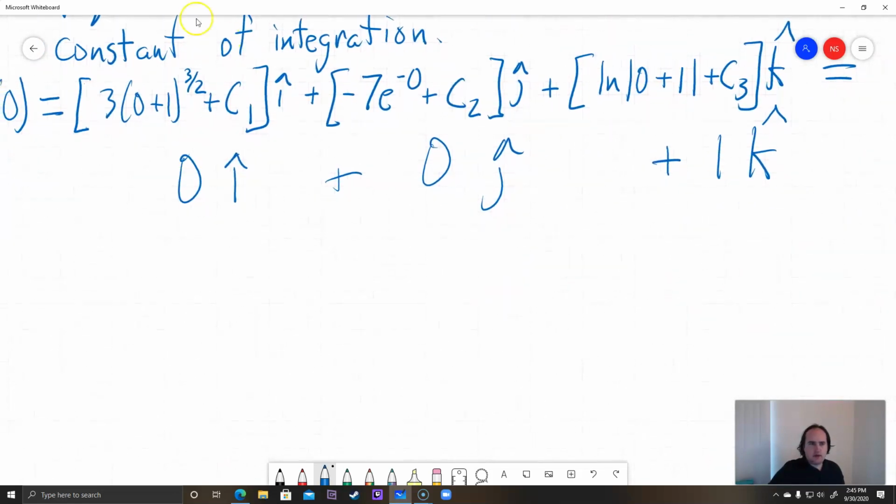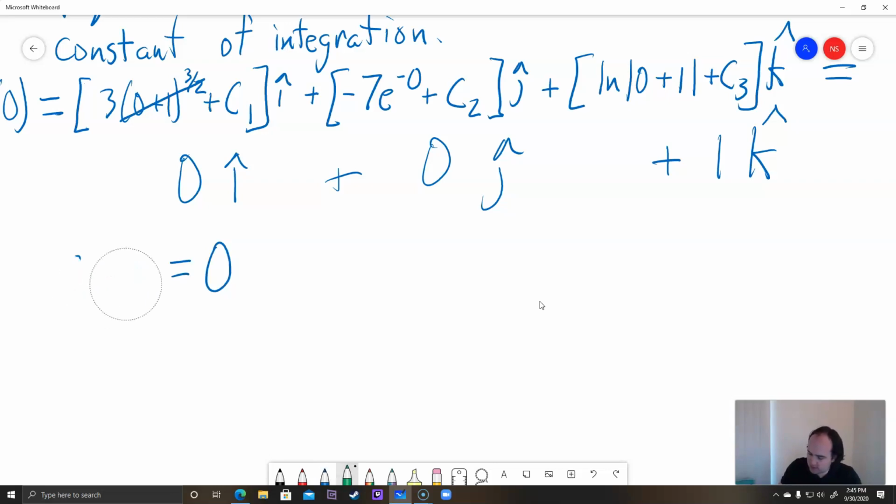So equating each component, let's simplify this. 1 to the 3 halves is just 1. So that's just going to be 3 plus C1 equals 0. That's our first equation.